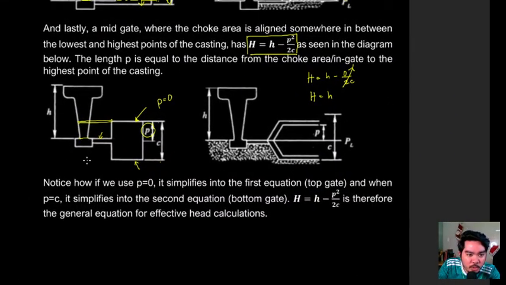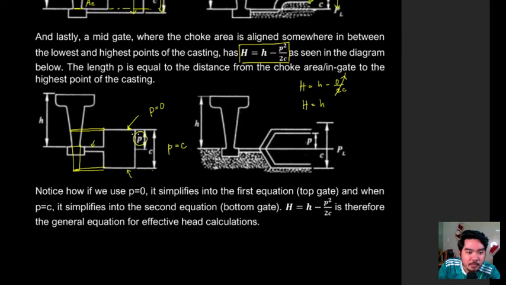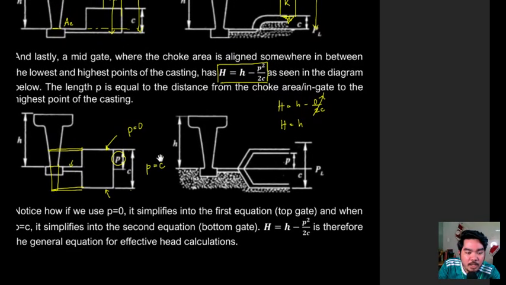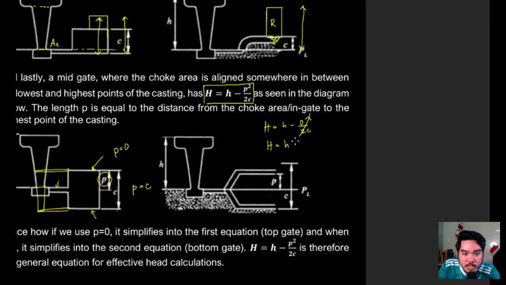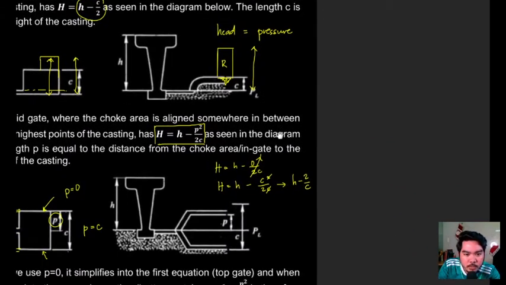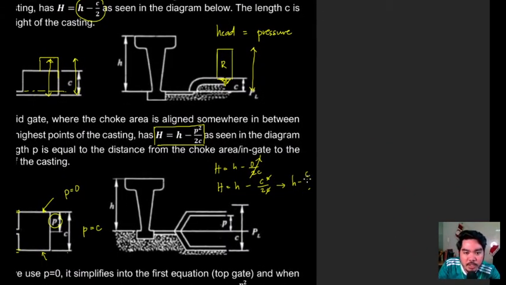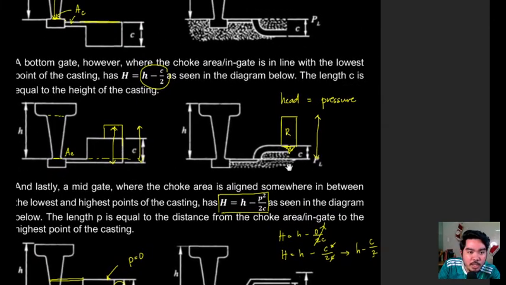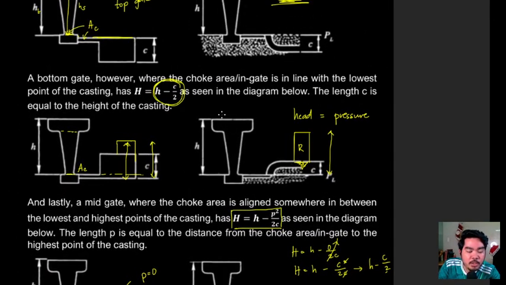Then if we use a bottom gate, we place it here, then P is equal to C. So this distance P is just equal to the casting height C. Therefore, if we input that, we have C squared over 2C, and the square cancels. We will be left with H minus C over 2, which is exactly this equation.